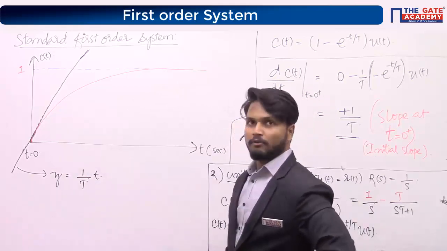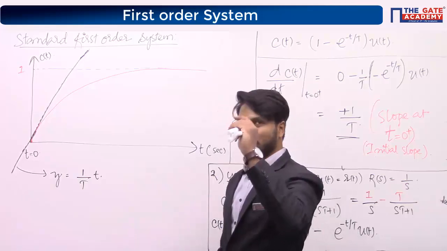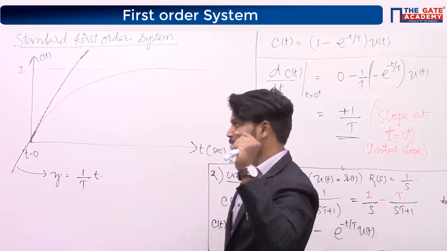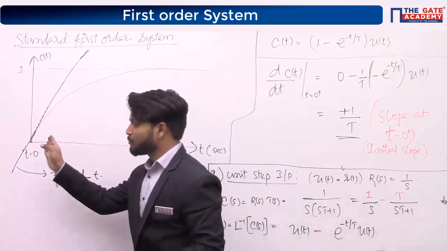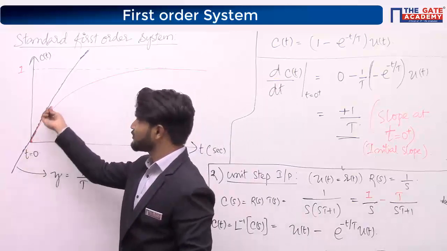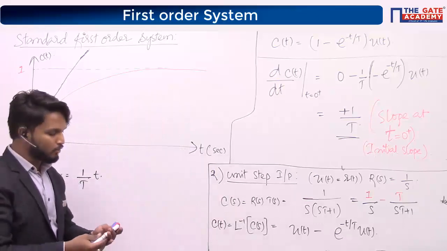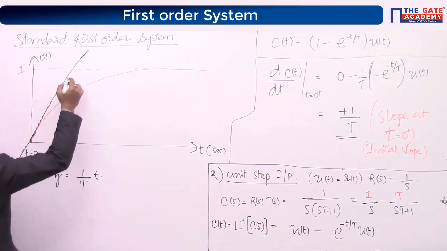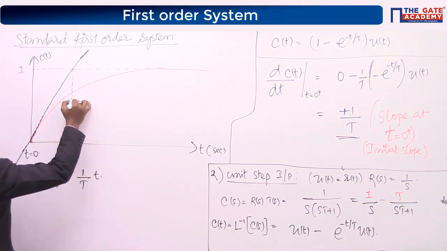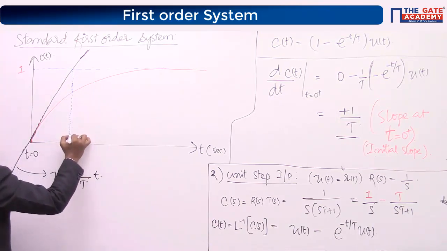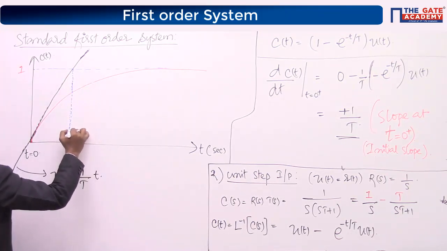So final value of your response is 1. So I am saying you here one simple line. Just try to observe it clearly, right? If the response rises with the initial slope, it would reach the final value in how many seconds? So just answer me. If the response rises with the initial slope, it will reach the final value in how many seconds?